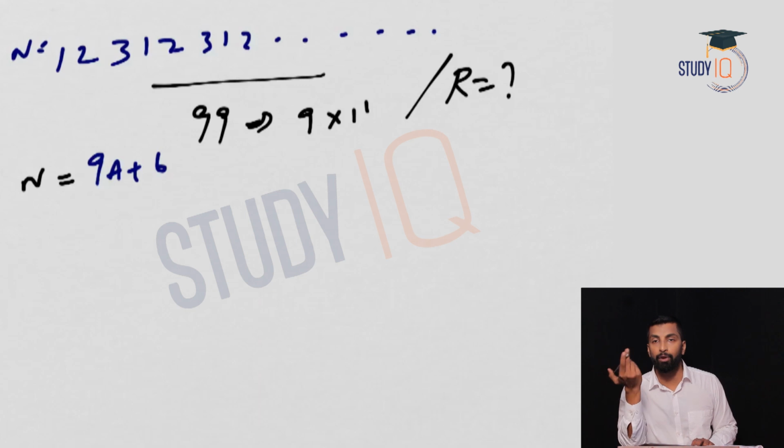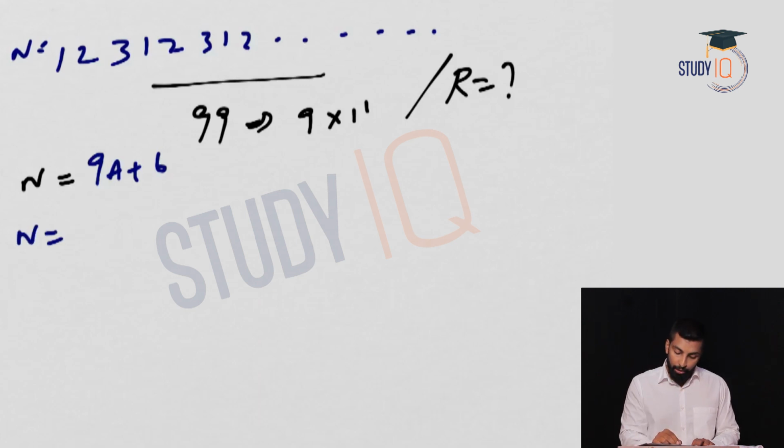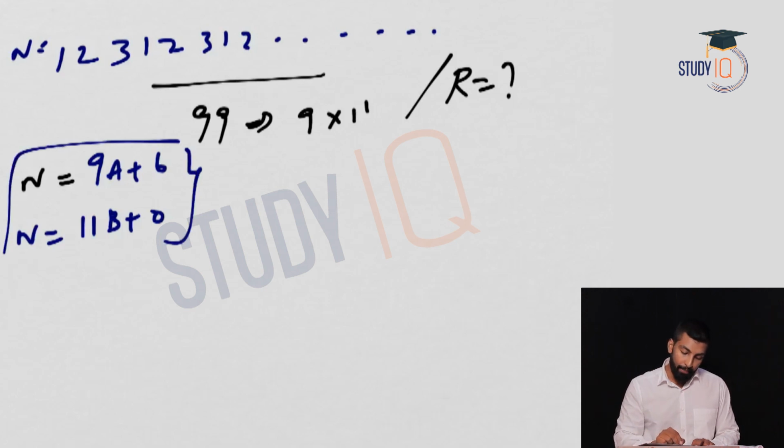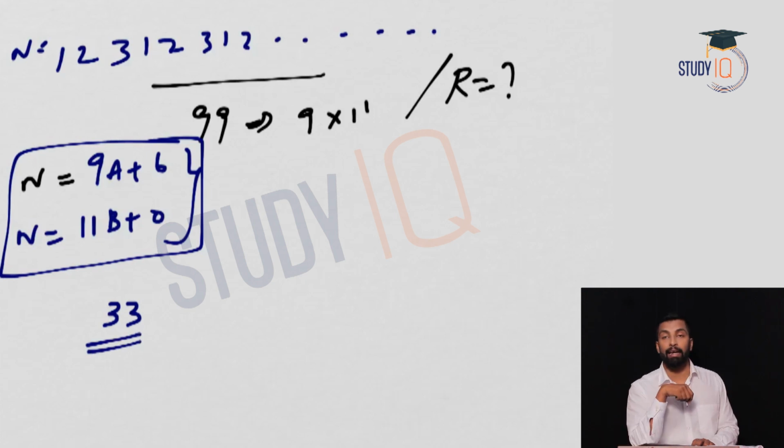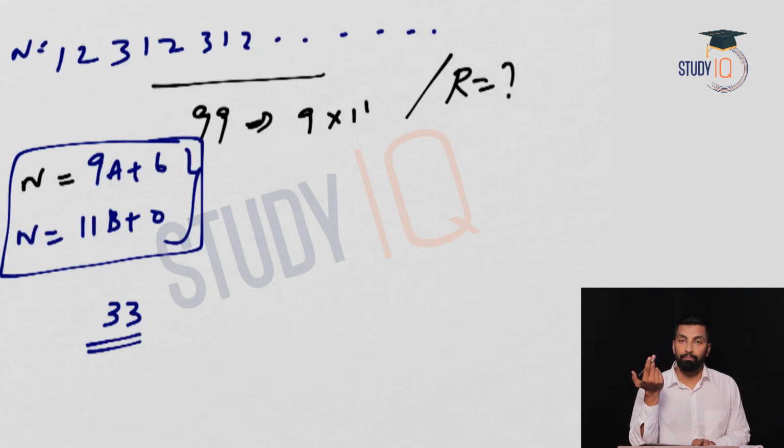You know the divisibility of 9, you can do it faster. That number I can also write in terms of 11, 11b plus 0, because when you divide that number by 11 you get 0. You know the divisibility of 11. Now I am looking for a number which satisfies both these conditions. So I got 33 as the first number which satisfies both conditions, and there itself you got the answer. Your answer is 33 itself.